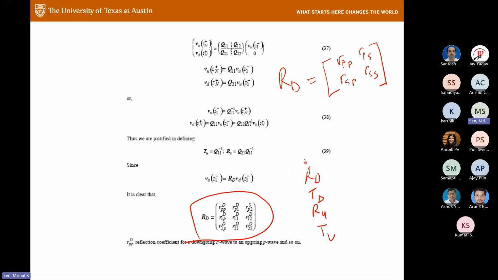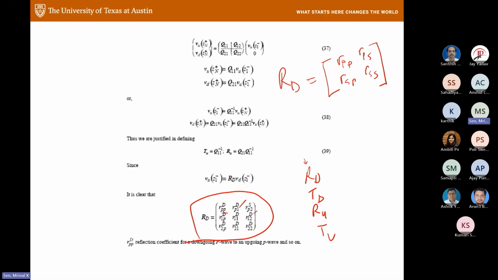And I'm showing you 3 by 3 because this is for the general anisotropic case. So there can be conversion from P to S, both in the X direction and Y direction. So we can have PP, you can have P1, P2 shear 1, P2 shear 2, and so on. But for the isotropic case, we don't have to worry.